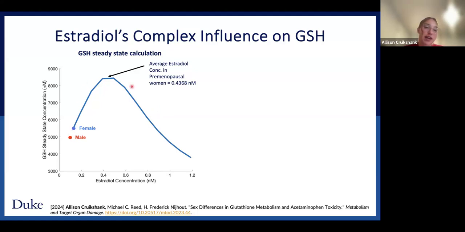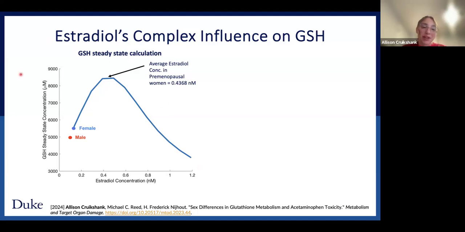We see here that it actually behaves non-monotonically. It doesn't monotonically increase, which you might think from looking at the diagram I showed earlier. Interestingly, at very high estradiol concentration, the glutathione concentration for premenopausal women actually falls below that of males. So high estradiol concentrations can maybe be bad in a way.